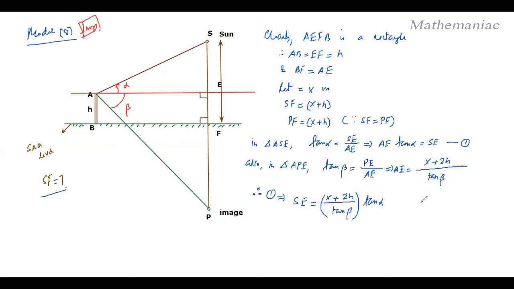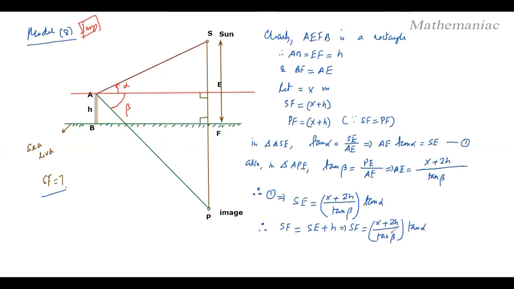So we have found SE. Now what will be the total height? Therefore, SF will be equal to SE plus H. So SF, with SE as x plus twice h divided by tan beta, into tan alpha.